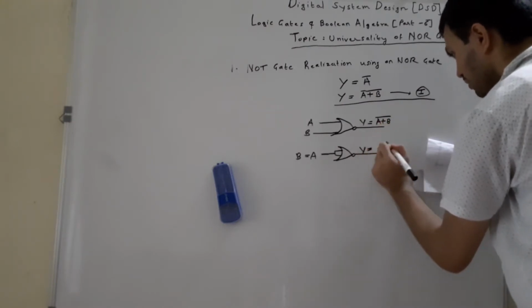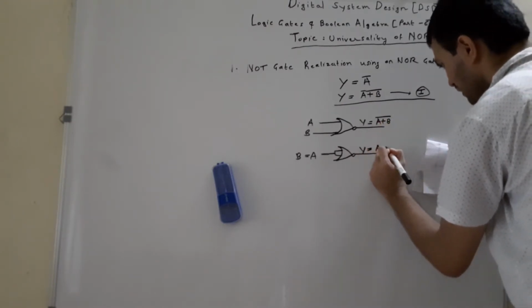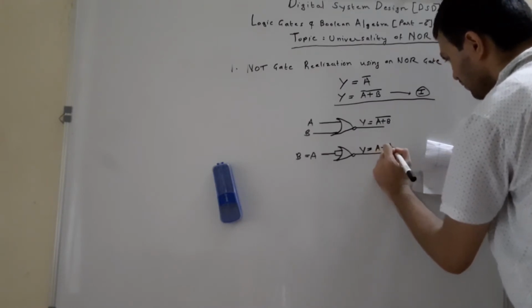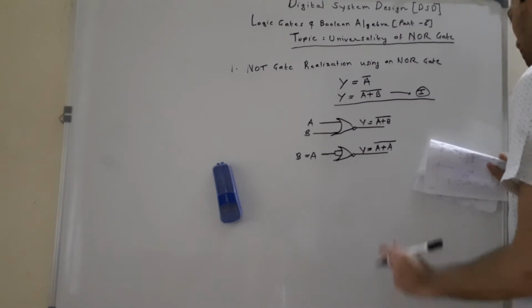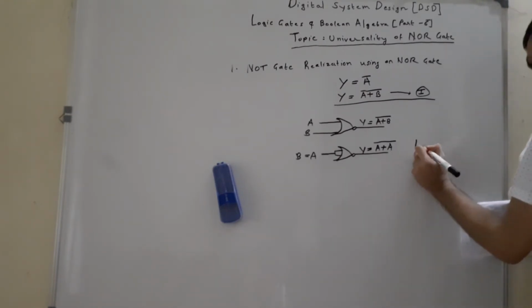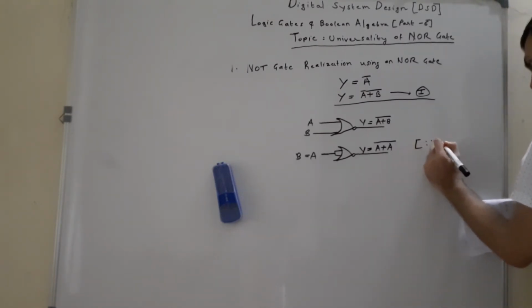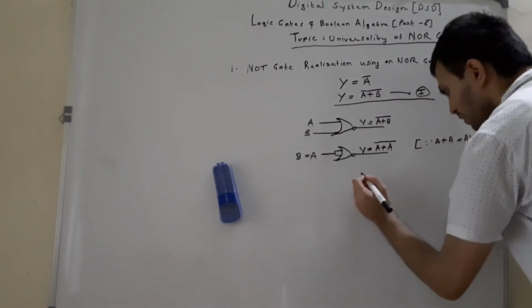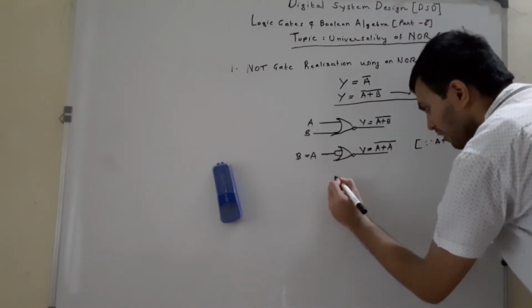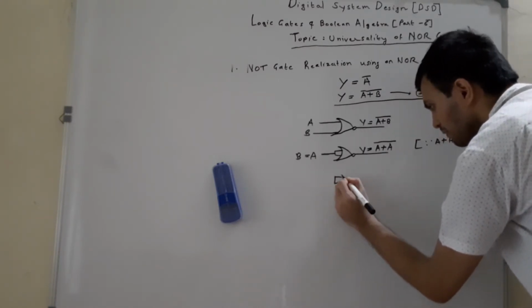So this is (A plus B) the whole complement. So A will remain as it is, plus A complement. And what is A plus A? As per rules of Boolean algebra, A plus A is equal to A. So therefore, at the final step we get this one.